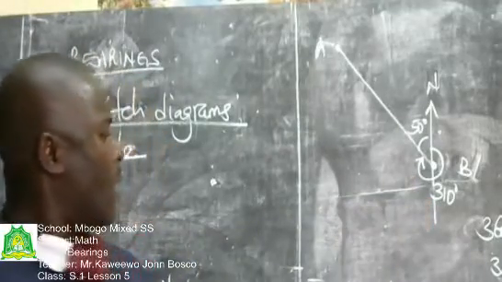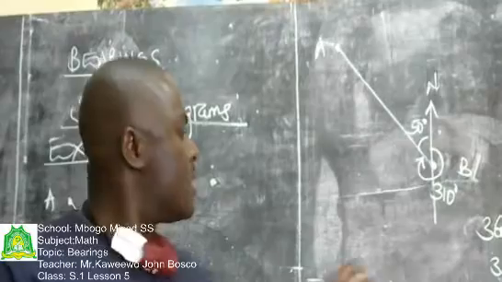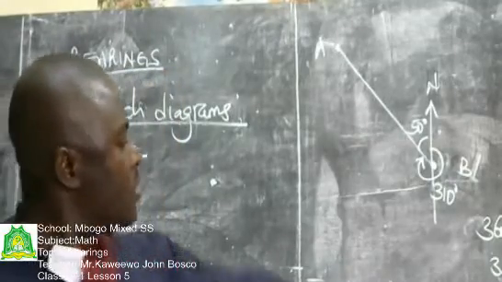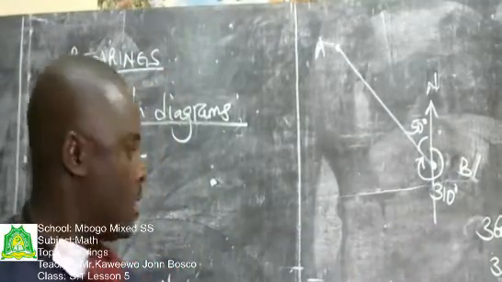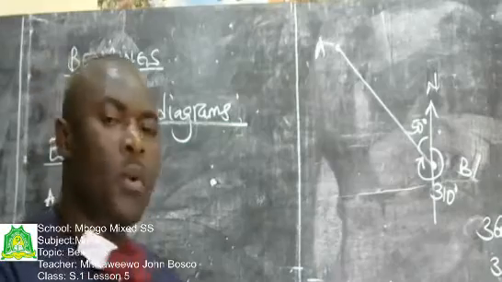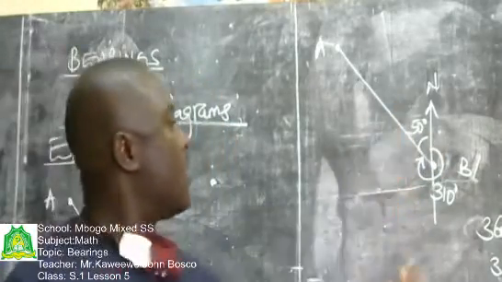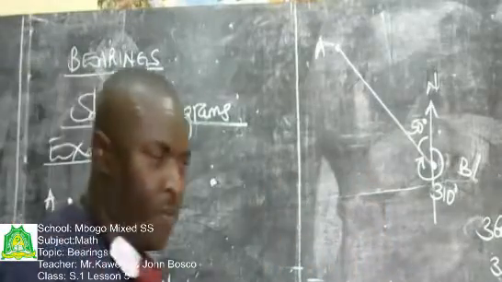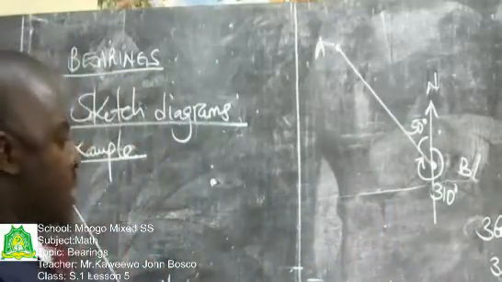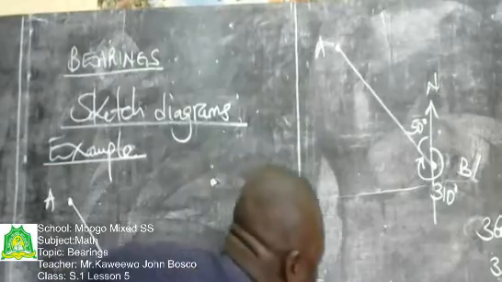However, there is another way of stating this bearing. If you don't use the three-figure bearing, you can combine the two points of the compass and the angle between the line and the north, or between the line and the south. Which one is the second approach?